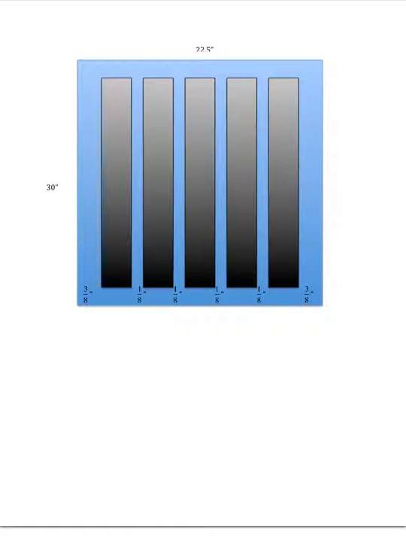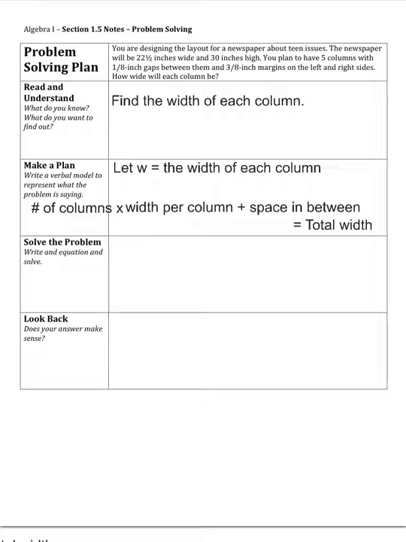So all the spaces in between each column, and then the margin lengths on each side. Coming back to our plan, we're going to take the number of columns on the newspaper, times the width per column, and then add up all the spaces in between, and all of this added together should equal the total width of the newspaper.